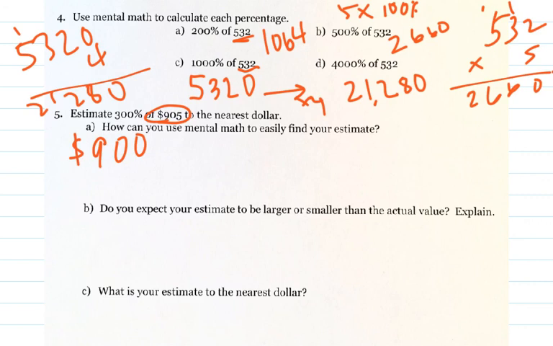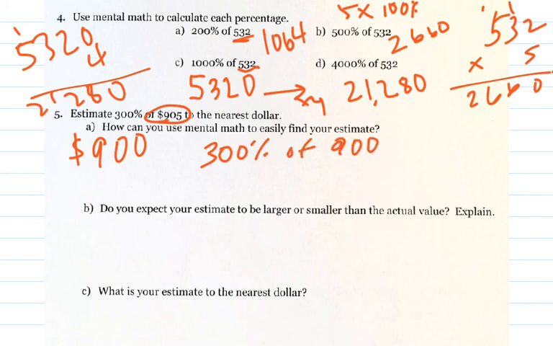If I were to round it to the nearest 10, this would be 910 if I were to properly round it, but we call rounding like this common sense rounding. What is a nice round number that I could get to that won't give me weird decimals that's very close to the original value? So we're going to find 300% of 900.